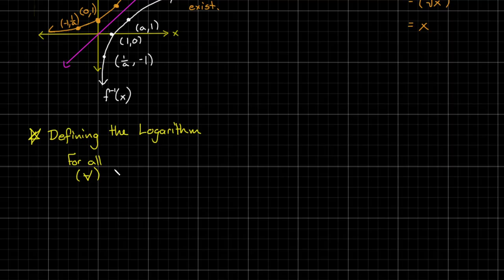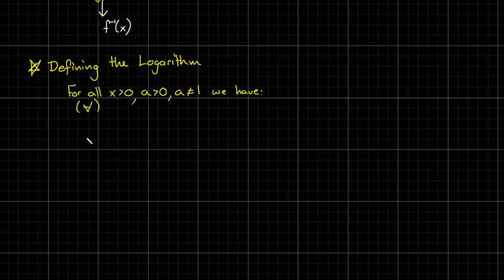Okay, for all x greater than 0 and a values greater than 0 but not equal to 1, a greater than 0 and a not equal to 1. We get the following. And this is the most important thing that we're going to write down today. Okay, we have an expression that we can write as y equals log base a of x.